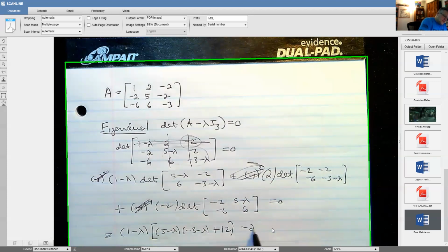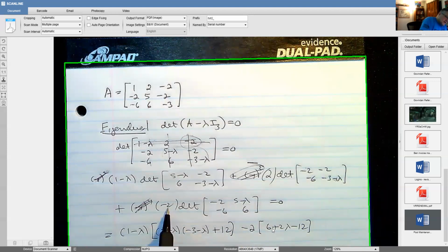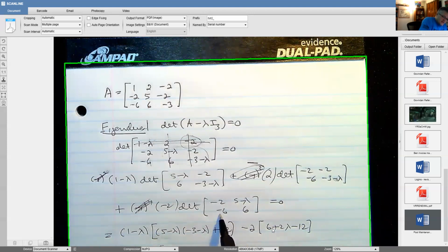And then minus 2 times 6 plus 2 lambda minus 12. And then a minus 2 again times negative 12. And then minus that product is plus 6 times it. So plus 30 minus 6 lambda. And that's to equal 0.